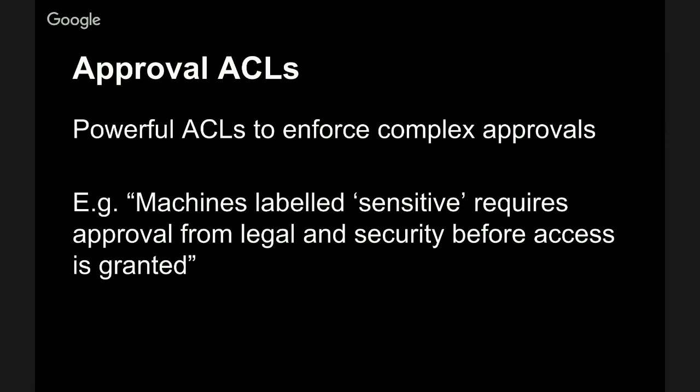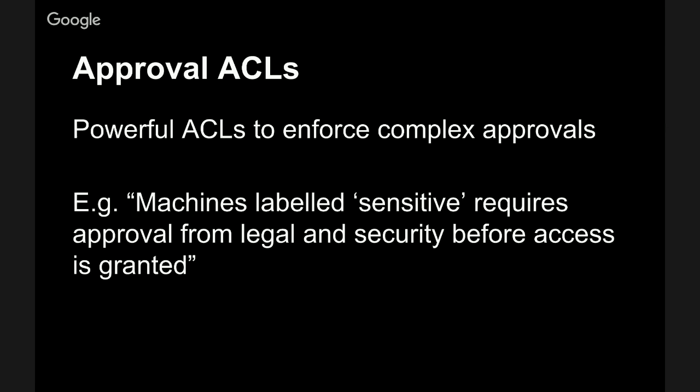So you might bake into the client when you build it a sensitive label, say, and then to get approval to get access to those machines, you can create an approval ACL that says we need to get approval from legal and security before anyone can get access to these machines.